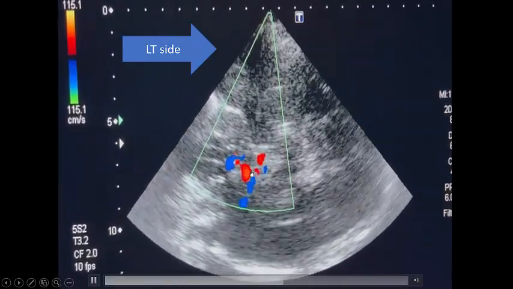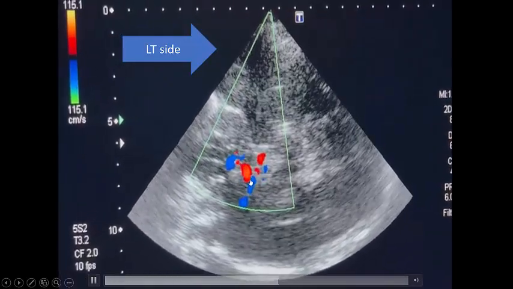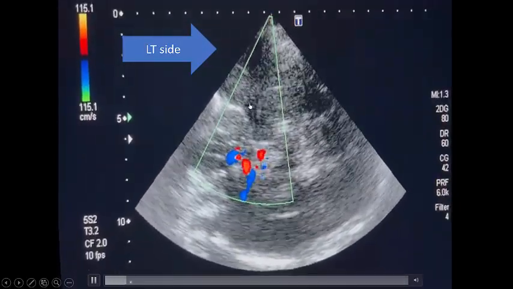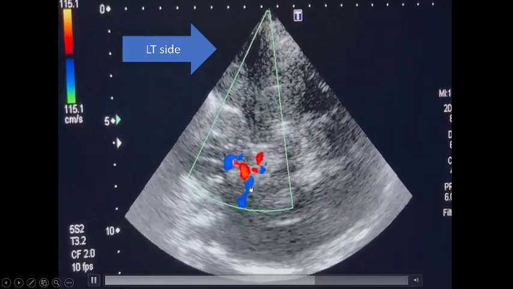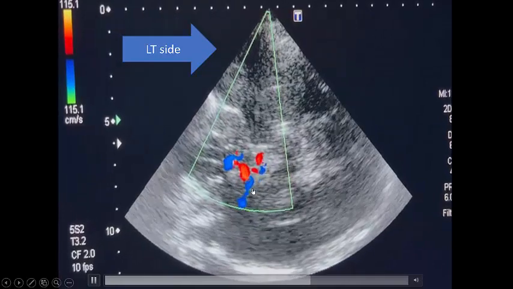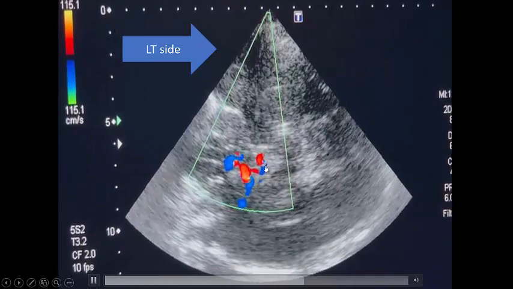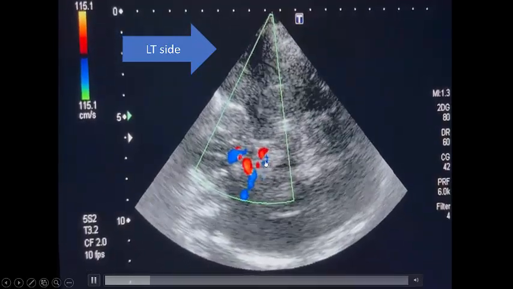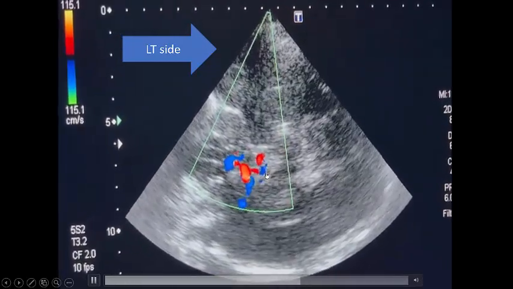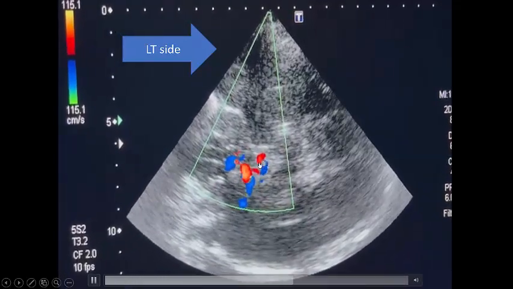Here, left side, you see, this is the anterior cerebral artery coming towards my probe, here in red, and here is the right side middle cerebral artery away from my probe in the blue color, and here is the right side posterior cerebral artery away from my probe in blue, and left side posterior cerebral artery towards my probe in red.